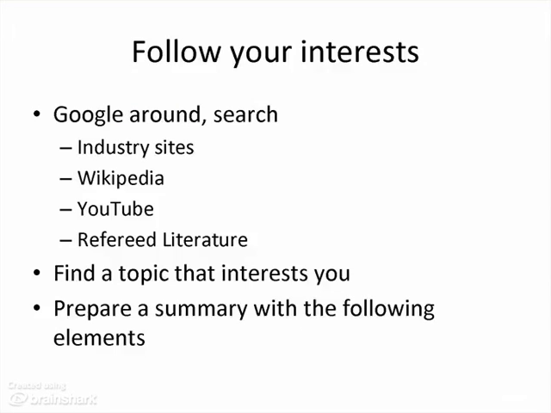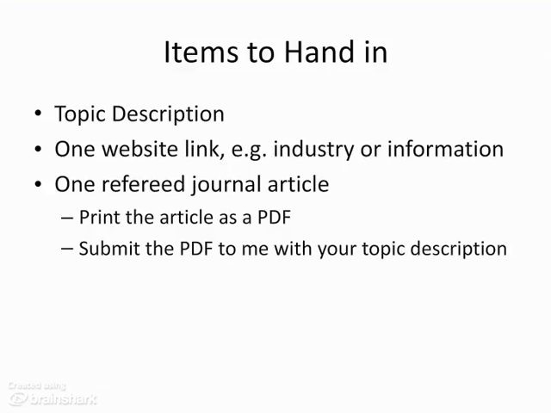So to summarize, follow your interests, Google around, search various sites on the web, find a topic that interests you, and then prepare a summary with the following elements in it. A topic description, one website link, for example, an industry link about a device or information about your topic, which could even be a Wikipedia website link.